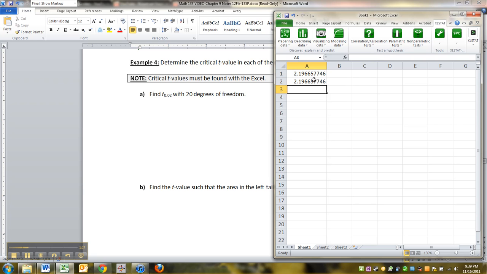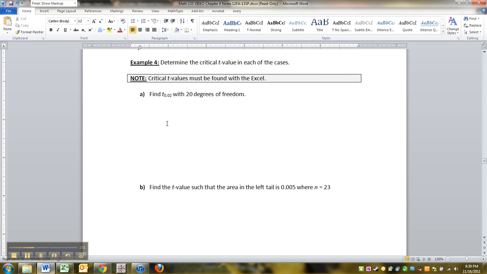I know it's strange. They really fixed it, and I really prefer the T dot inverse function, but if you can't get it, then you have to double what was here to get two tails, and then use your 20 degrees of freedom. So in the new one, you get to just use the area in the left tail like everything else, comma 20. And then this one, you have to do the area in both tails, comma 20. I know, insane. Well, let's do it again.